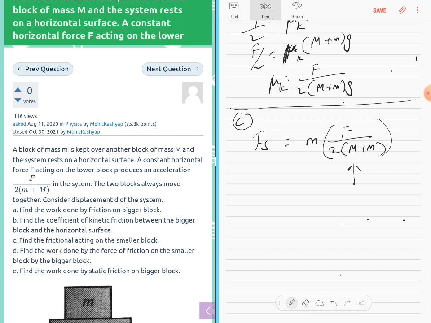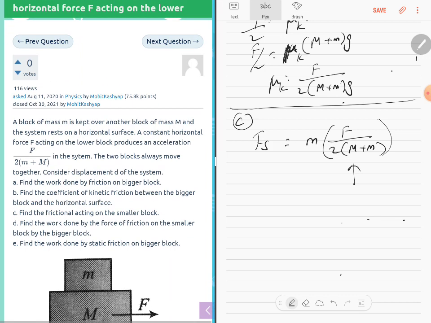So m into F by 2 into (M plus m) is the value of the friction acting on the smaller block, which is actually a static friction.